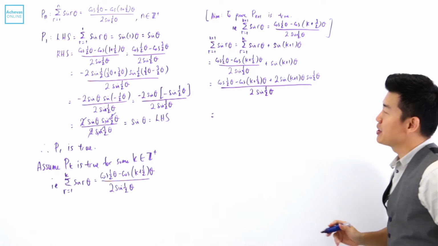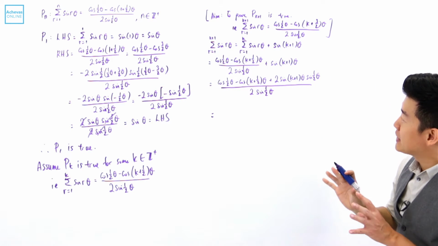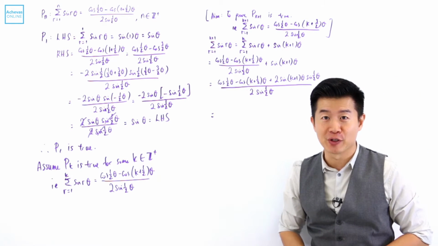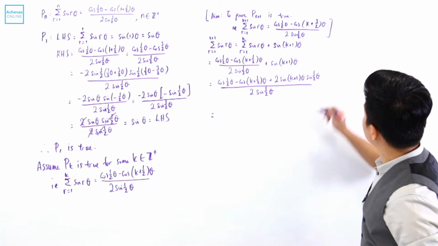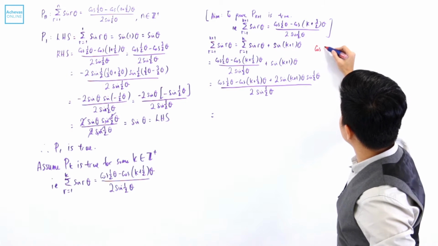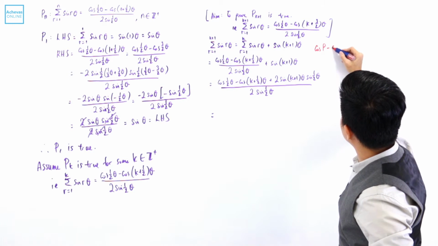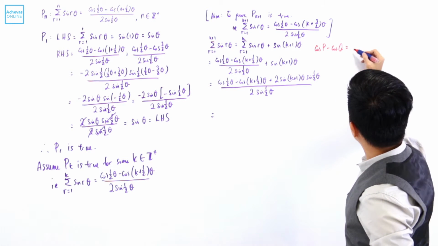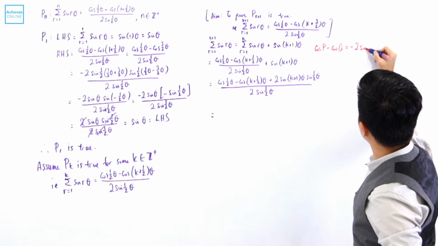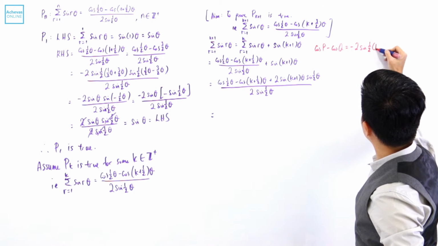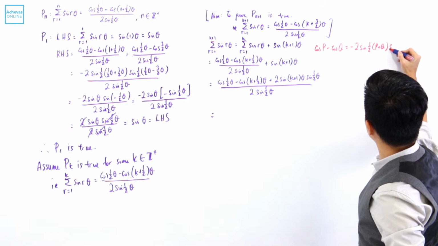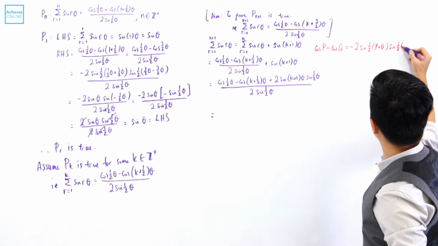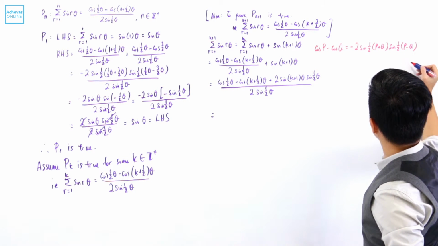And to continue from here, what I'm going to make use of is once again the factor formula that can be found in the formula sheet. And the factor formula that I'm going to be using is cosine P minus cosine Q is equal to minus 2 sine half (P plus Q) sine half (P minus Q).